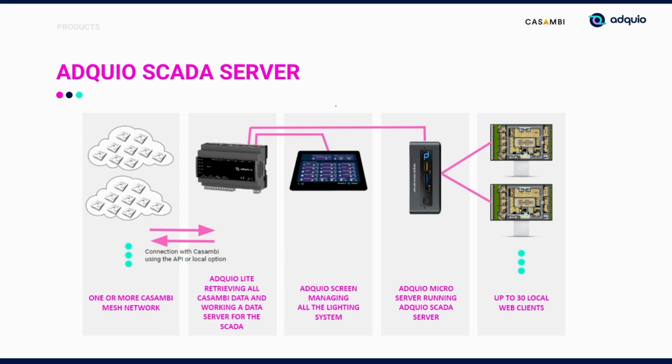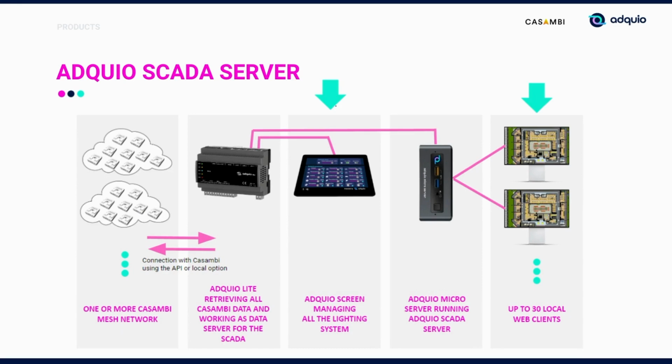This Adquio SCADA Server, as you can see, will be taking the data from an Adquio Lite, and this Adquio Lite will be connected to a Casambi network using its API, although it could also be connected through a local integration. Additionally, we have an Adquio screen control also connected to this Adquio Lite, managing all the variables of the installation.